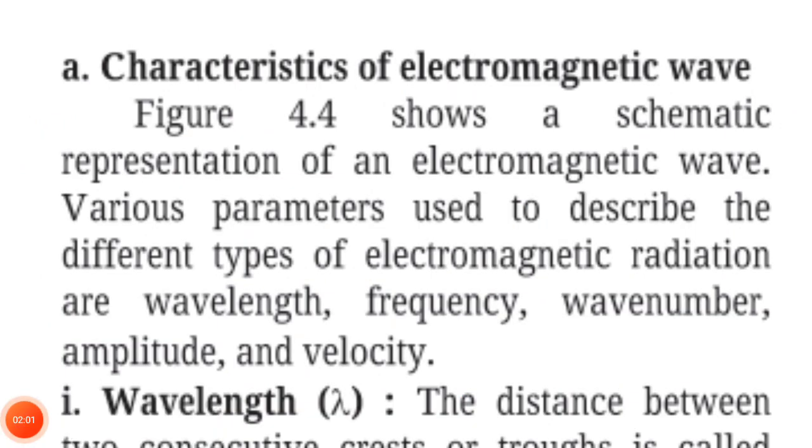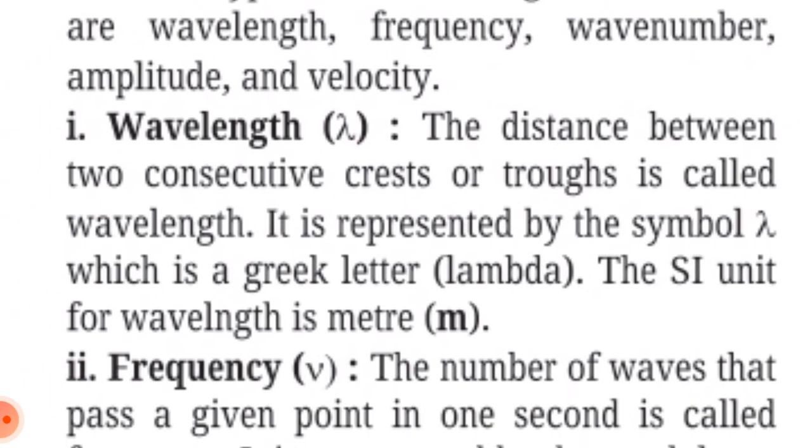Characteristics of an electromagnetic wave: figure 4.4 shows a schematic representation of an electromagnetic wave. Various parameters used to describe the different types of electromagnetic radiations are wavelength, frequency, wave number, amplitude, and velocity.